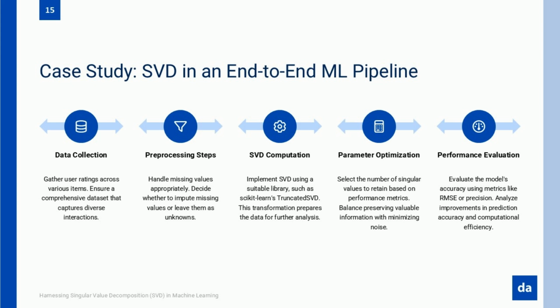Performance metrics from the Netflix Prize demonstrated that SVD-based approaches significantly improved recommendation accuracy compared to traditional methods. Teams leveraged SVD to effectively manage the sparsity of the user-item matrix, enhancing their model's predictive power while keeping computational requirements manageable.